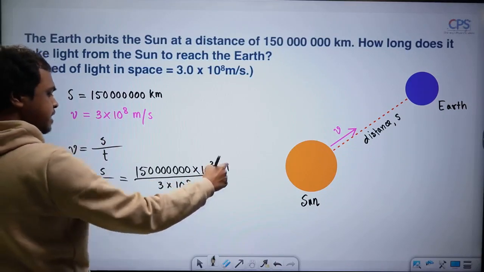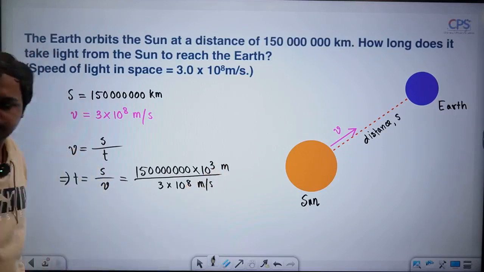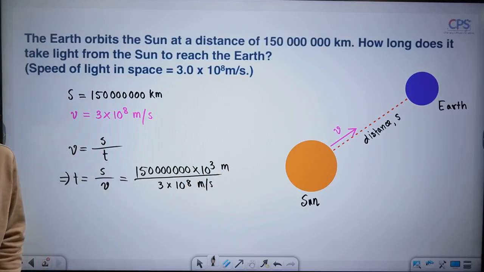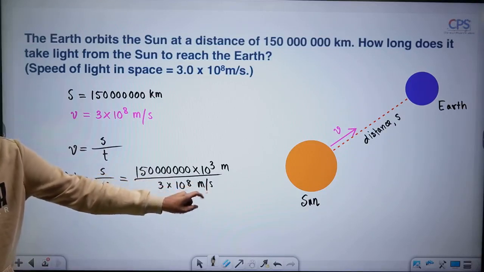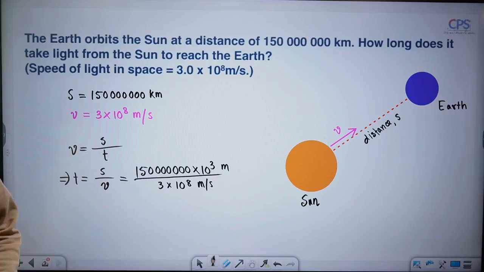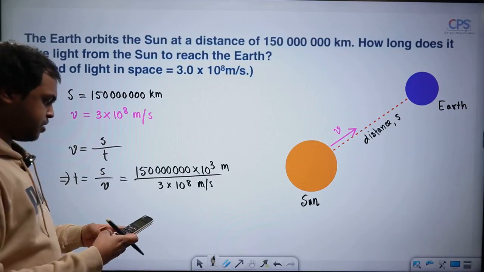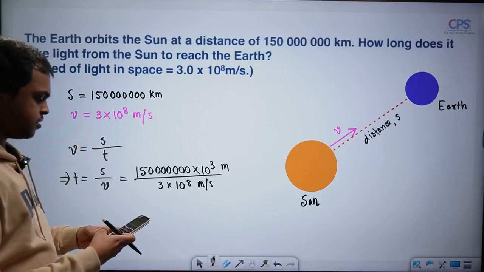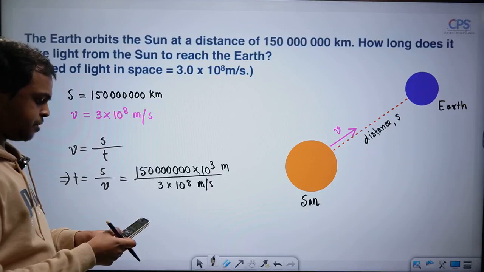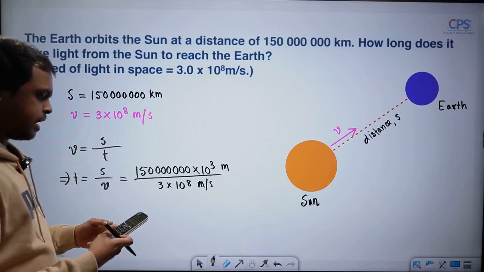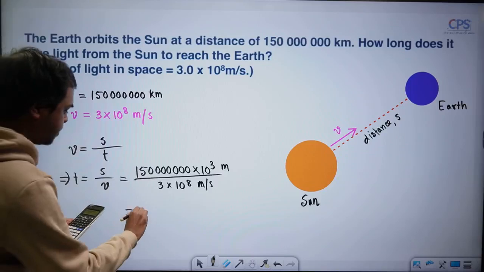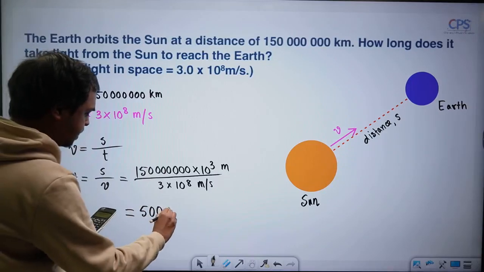This meter and this meter cancel, they are eliminated, and whatever remains is the second, right? So calculate it. 150,000,000 into 10 to the power 3 divided by 3 into 10 to the power 8, and that's 500 seconds.